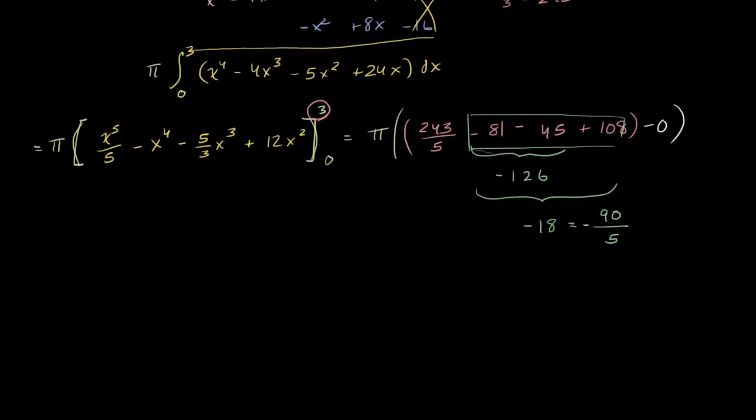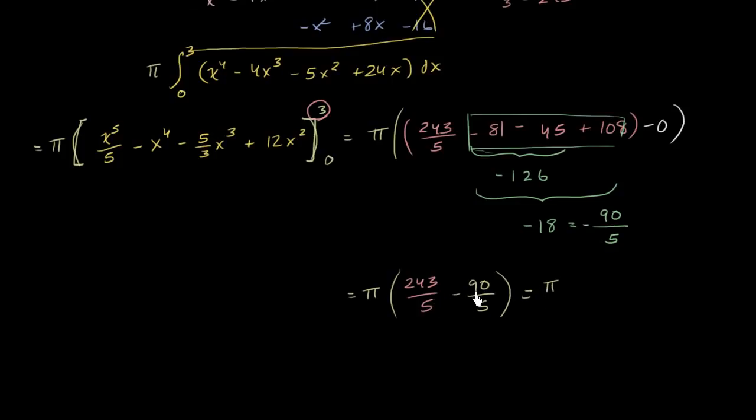So this whole thing has simplified to, it's equal to pi times 243 over 5, minus 90 over 5, which is equal to pi. Guys, I deserve a drum roll now. This was some hairy mathematics.